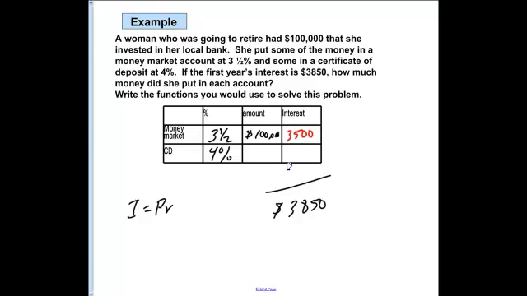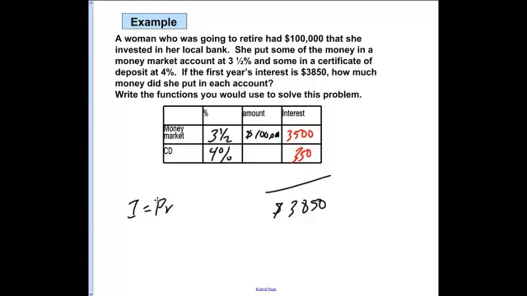We take the difference here, and this will tell us how much interest is going to be in the certificate of deposit, which looks like 350.